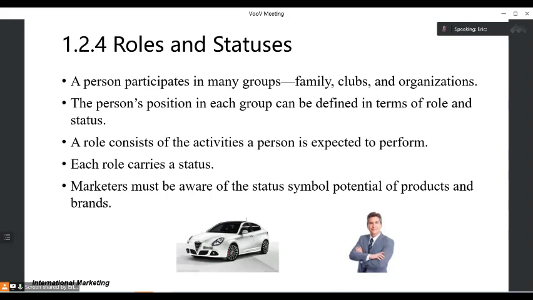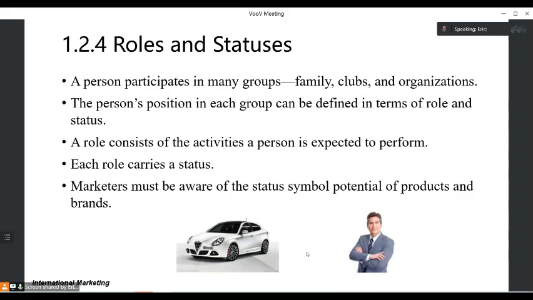Everybody has some expectation about these roles. Just like about the boss, about the successful person, when we think about it, we will associate a neat suit with a tie, and we will associate luxury cars.